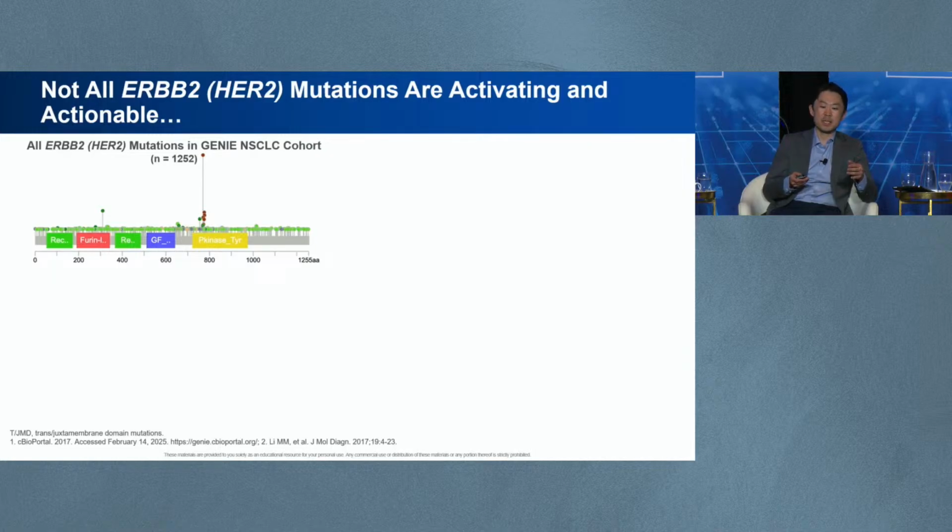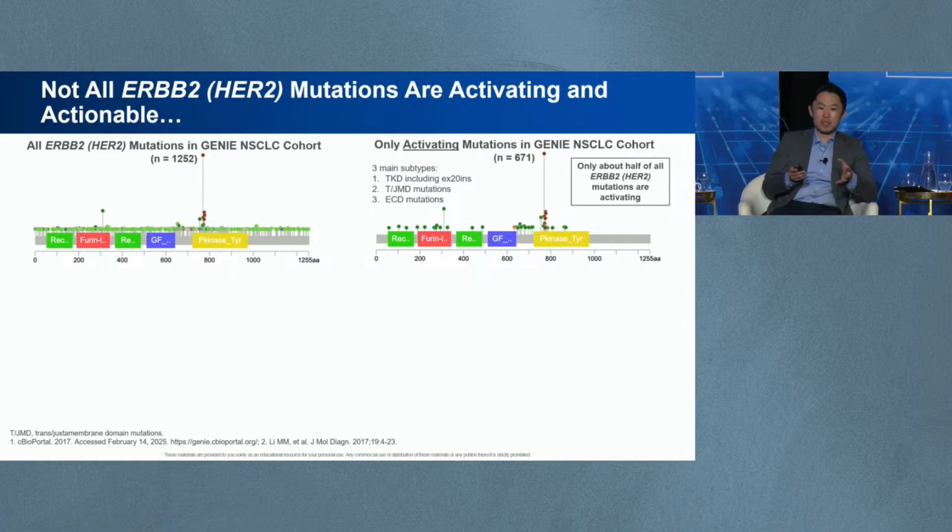Each small dot represents a mutation. The higher the plot, the more cases there are with that mutation. You can see that the yellow box is the tyrosine kinase domain, and the peak is the YVMA mutation. And then when we filter all these mutations to only the ones that are activating according to our 3 main subtypes, we lose about 50% of them. So about 50% of the mutations are actually not activating.